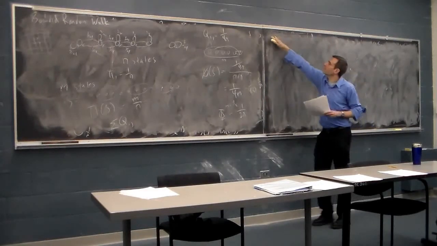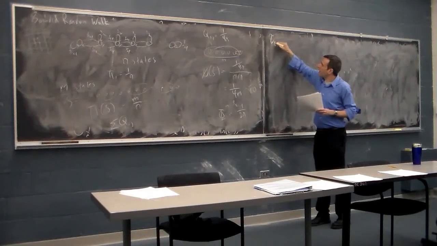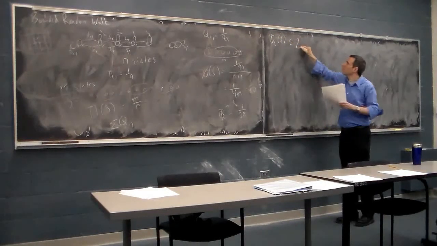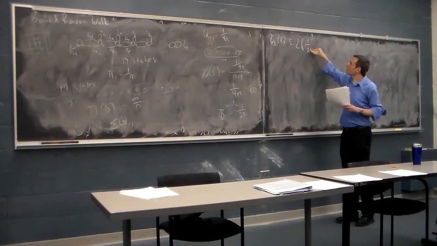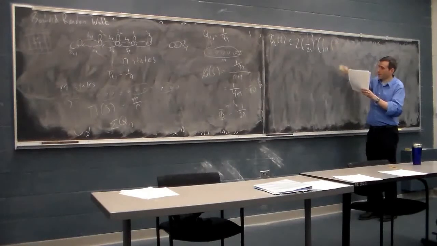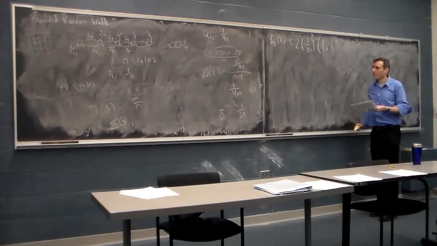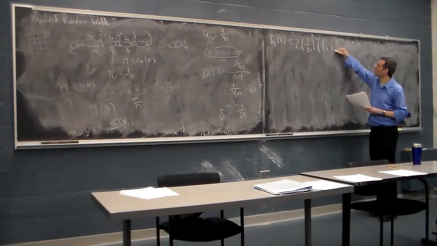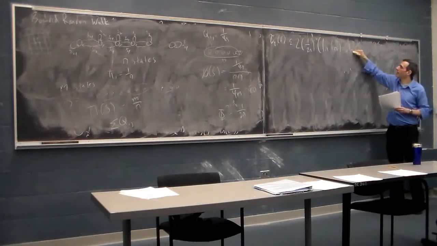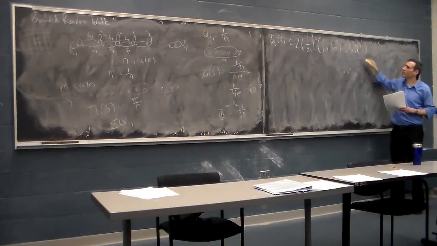We plug in, and that's telling us that tau sub i of epsilon is going to be less than or equal to 2 times 1 over 2n to the minus 2 times log of pi I inverse plus log of epsilon inverse. Pi we know is always 1 over n, so 1 over n inverse is just n.